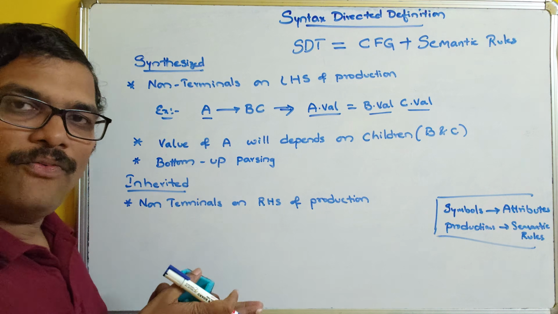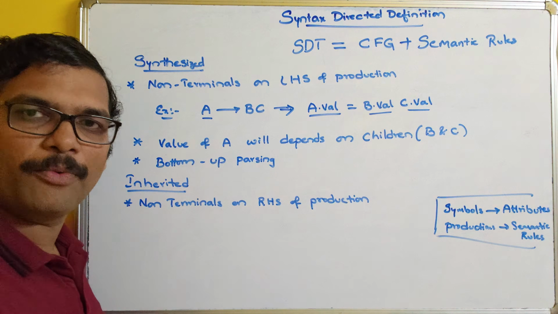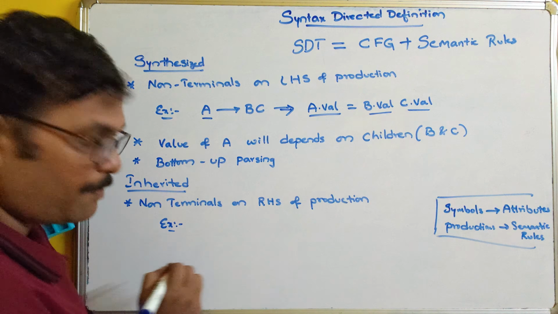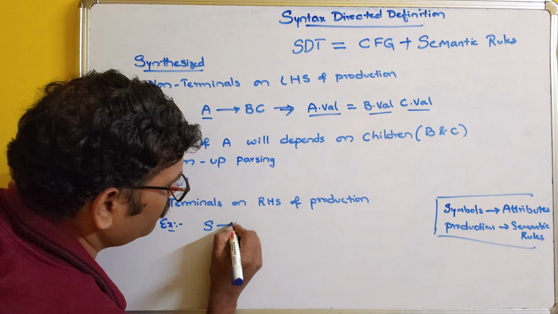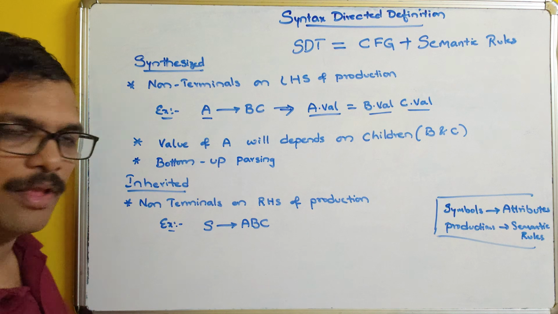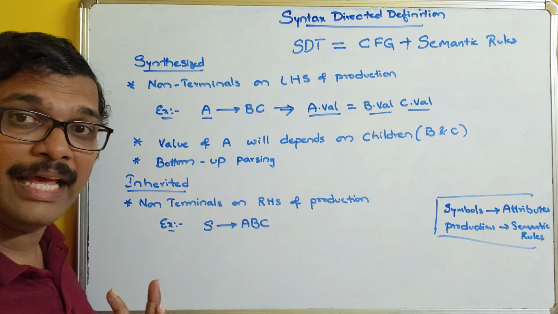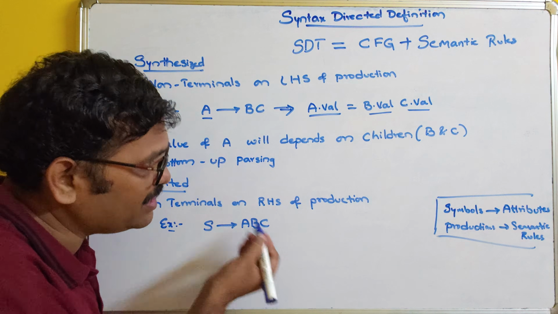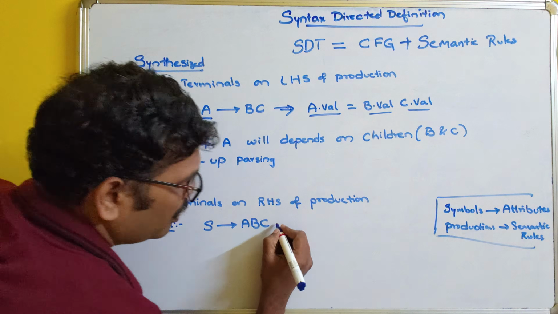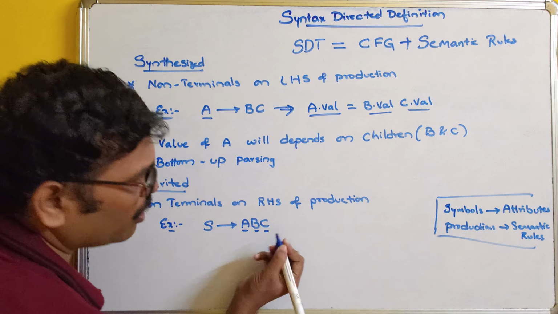Inherited attributes are the non-terminals on the right hand side of the production. For example, S tends to A B C. Which one will be the inherited attribute? A, B, C will be the inherited attributes.